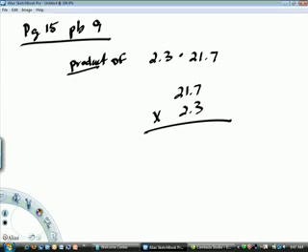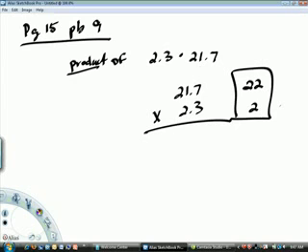I'd round this one up to 22, because it's large. I'd round this one down to 2. That's closer to 22, that's closer to 2. So if I was to multiply these two, I'd get 44.